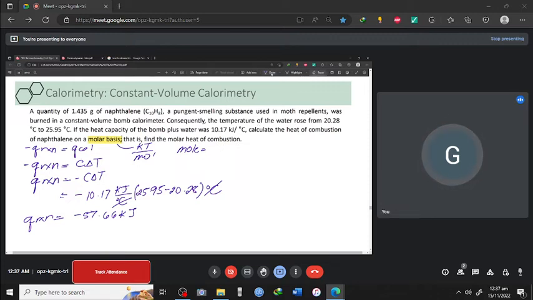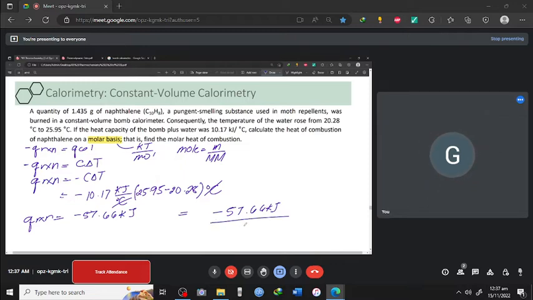Ang formula natin dito is mass over molar mass. Okay? So, using the formula here, no? Using the formula na mass is equal to molar mass, i-divide lang natin siya sa nakuha nating Q reaction dito. So, negative 57.66 kilojoules, no?